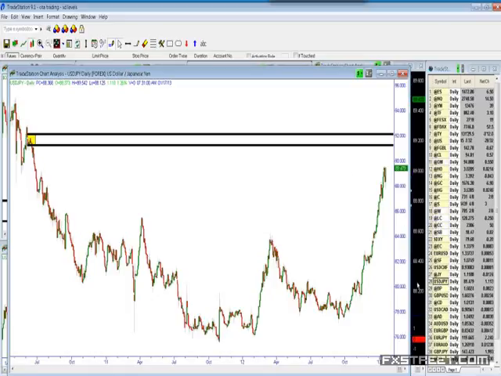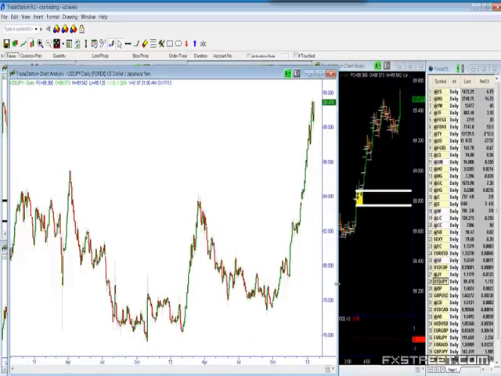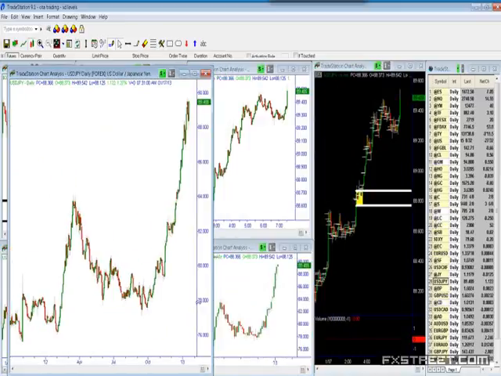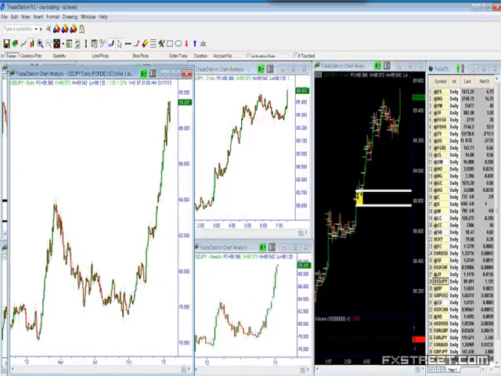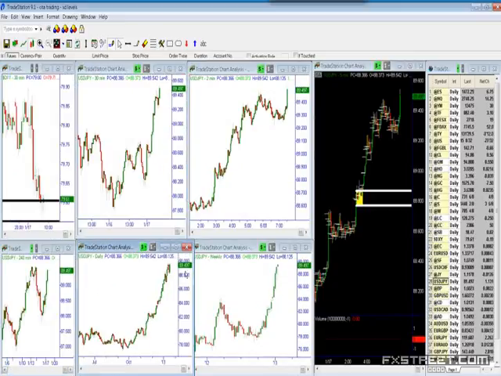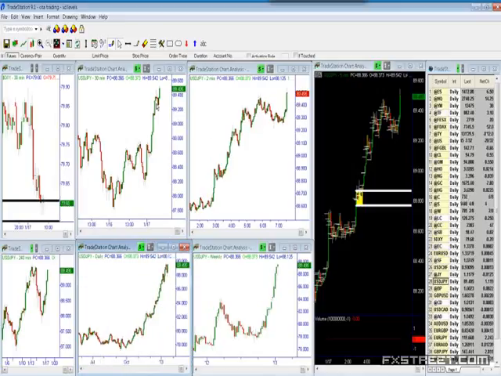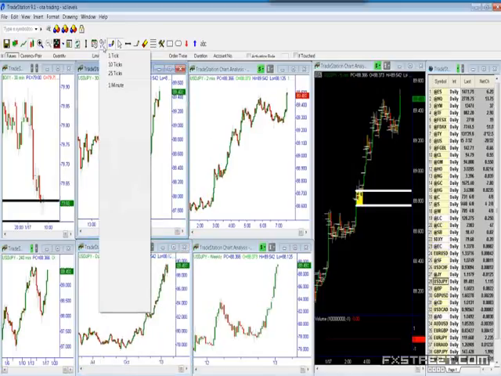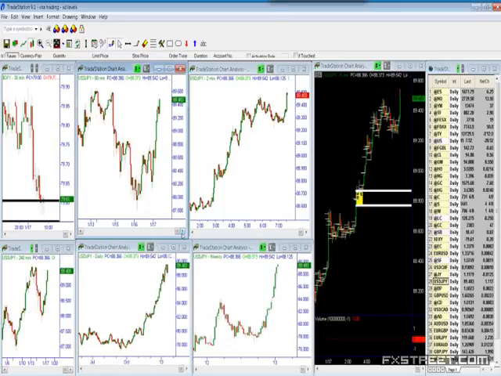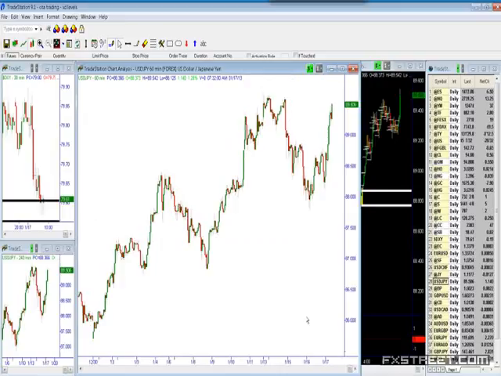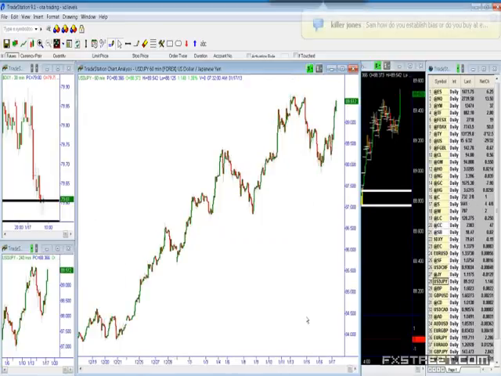And then if you look at how this rally has been made, I'll show you here. Let's look inside this rally. No, let's just go to a 60. Because once you identify that there's a reversal area, well, where's it going to reverse to? How much room does it have to fall?